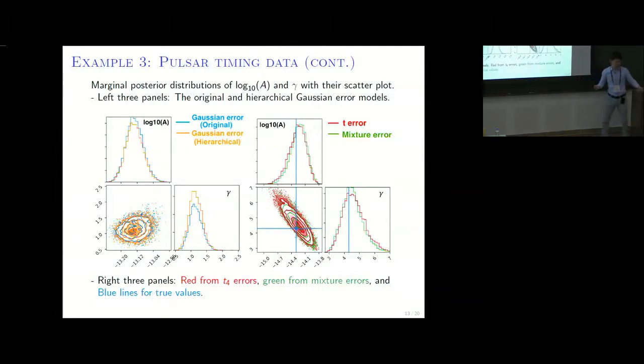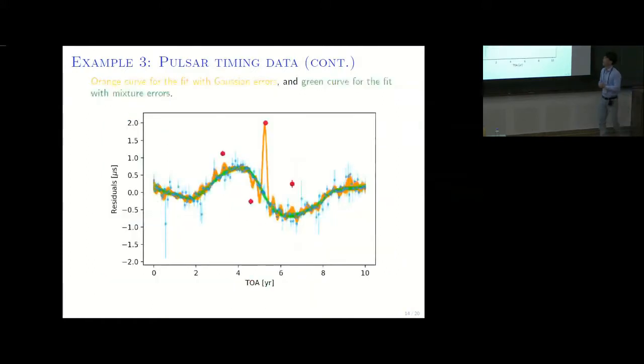So this is one of our results, and it was a very interesting figure. On the data set, we displayed the fitted mean value of the curve. The orange curve is based on the Gaussian error model, and the green curve is based on our mixture error model.